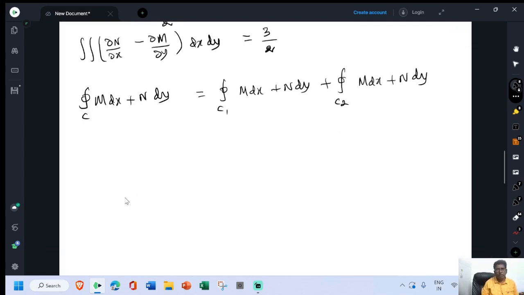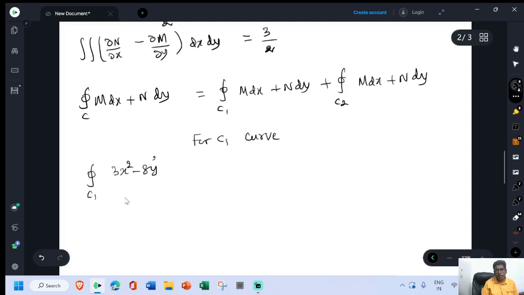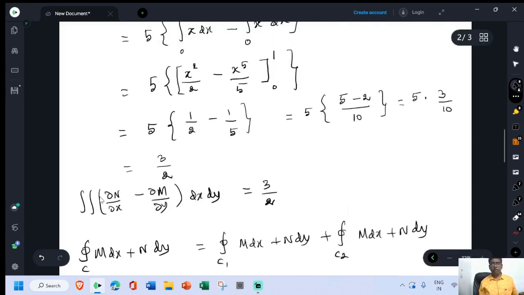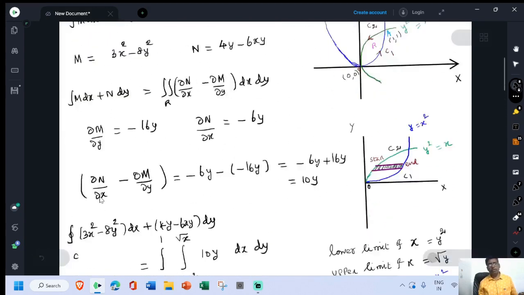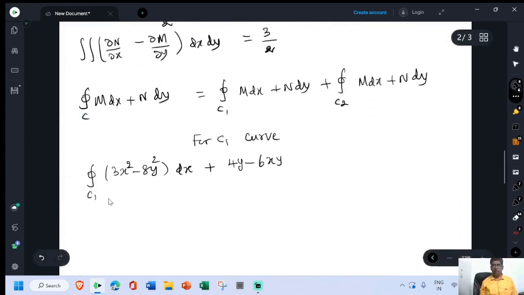For the C1 curve, the value of m is 3x square minus 8y square into dx, plus n, the value of n is 4y minus 6xy, into dy.